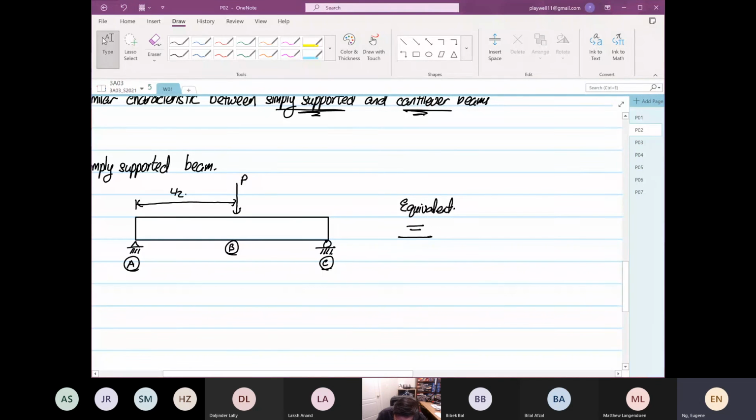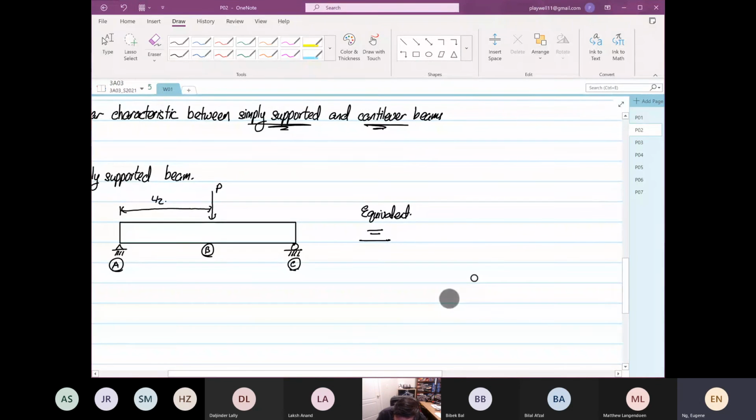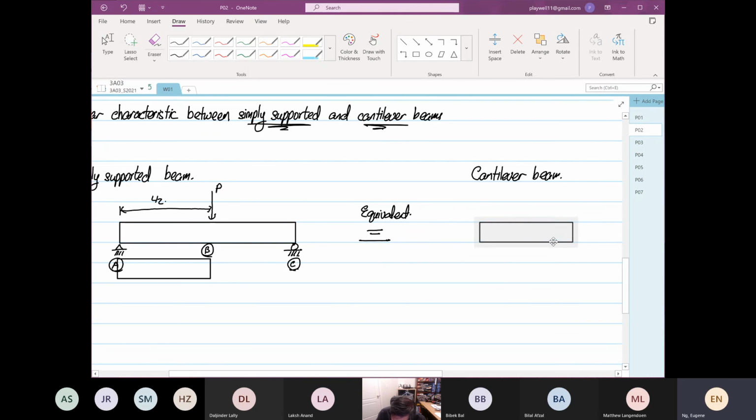So the next one I'm going to draw is a cantilever beam. For a cantilever beam to be similar to a simply supported beam, what must I draw? This is half of the beam now.